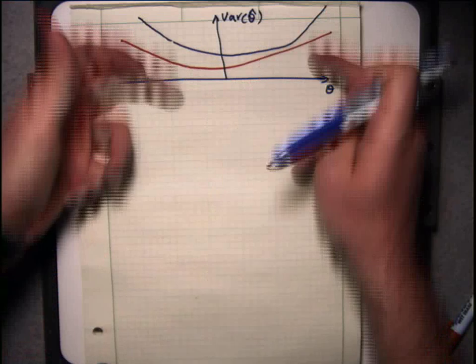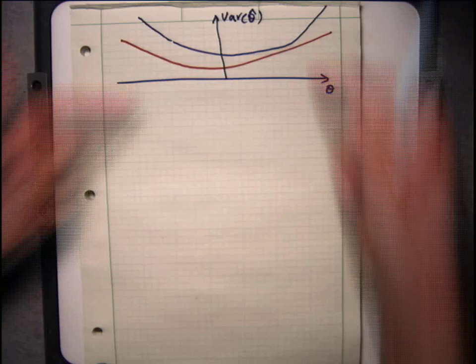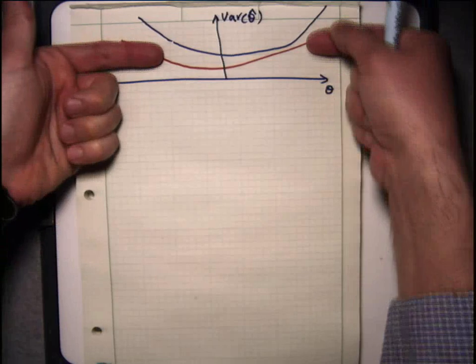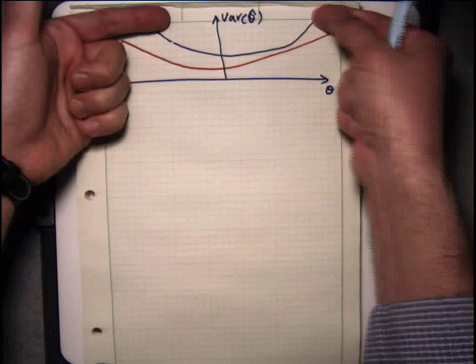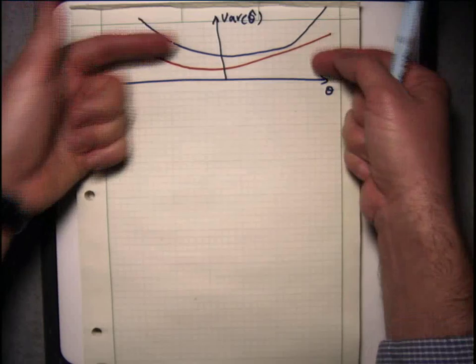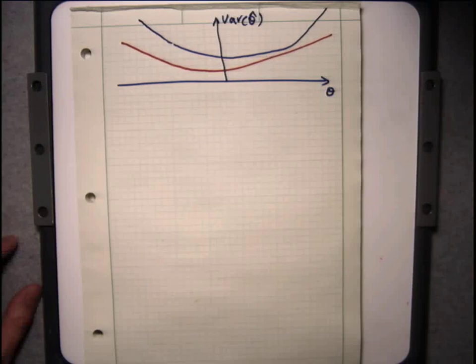Okay, so we've calculated both of these for n data points. Now let's suppose I increase the number of data points. The Cramer-Rao lower bound is going to start coming down. This guy is also going to start coming down. They may or may not match each other at infinitely large number of data samples, but they might. If they do, then that estimator is called asymptotically efficient.